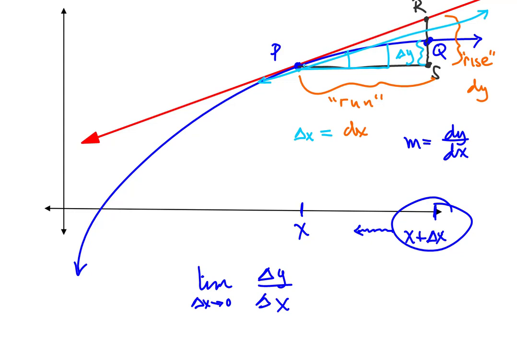In fact, as we get really close to where point P is, you can see the picture's all closing in, and the slope of this now light blue line where we're approximating with a rise over run of delta y over delta x is getting pretty close to the actual red tangent line we have here, which means we can say that the limit as delta x approaches 0 of delta y over delta x is dy over dx, which of course is the slope of this tangent line.